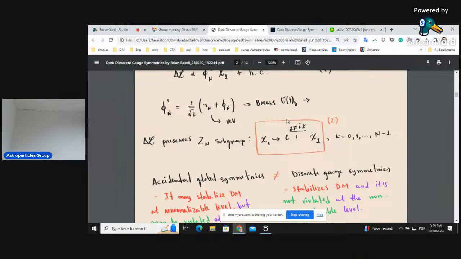Thinking about the future, after this broken symmetry there will be a charge value that will respect another symmetry. Then I will have an explanation for the existence of this new symmetry that appears. Instead of being an accidental symmetry, it will be something that comes from some fundamental thing.